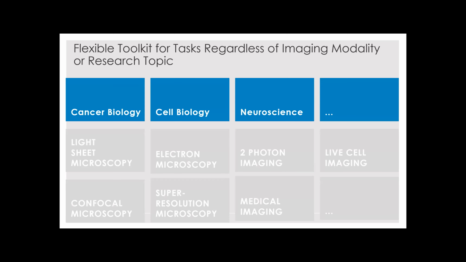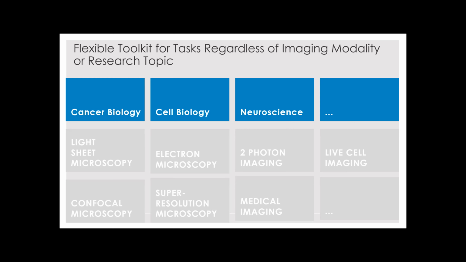As I said, it's a flexible solution and a flexible toolkit, and it's designed that regardless of if your research question is cancer biology, cell biology, neuroscience, plant biology, anything, you can use Vision 4D as a solution for your image analysis needs. It is also built to be image analysis or image modality agnostic.